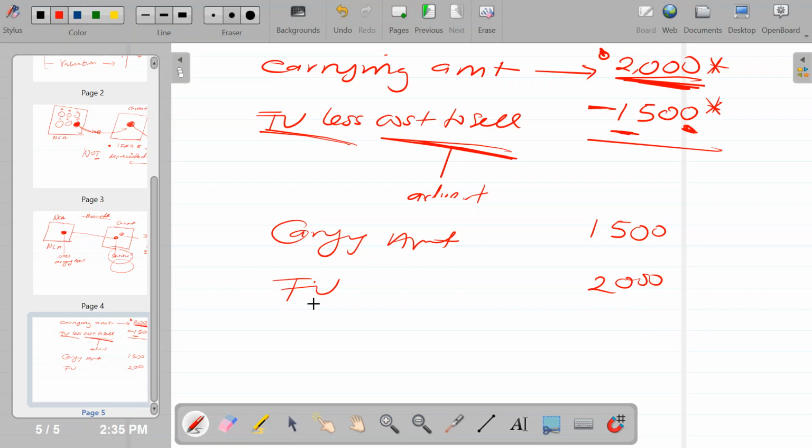Now which one will you pick? The carrying amount is 1,500, that's what we have in our books. But when we sell it, we'll get more than what we have as the carrying amount.